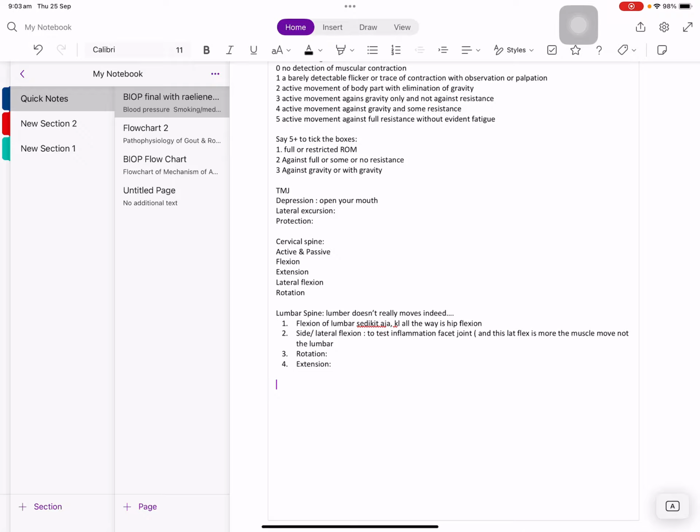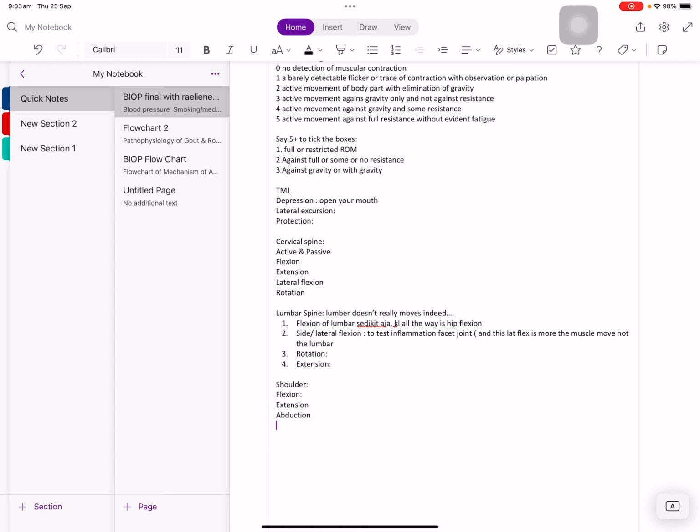Shoulder and hip. So shoulder's got lots of range of motion. Abduction. Flexion, extension. Abduction. As soon as you go past here, it becomes adduction back to the midline. Abduction, ABD.